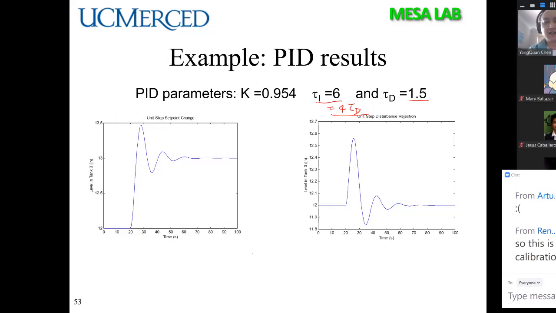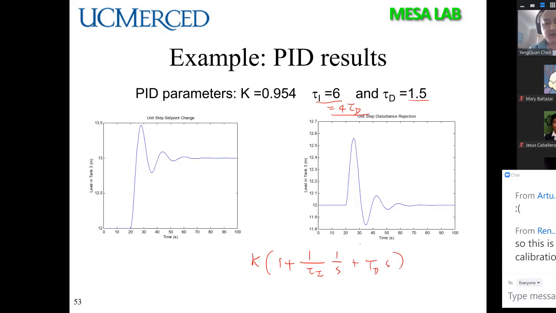So you have k, you have 1 plus, say for example, you have a td. So you have tau I 1 of s plus td s.